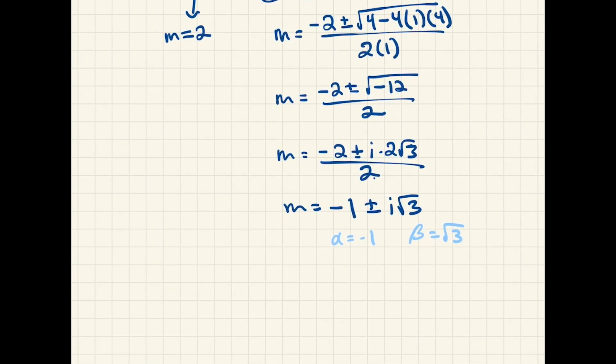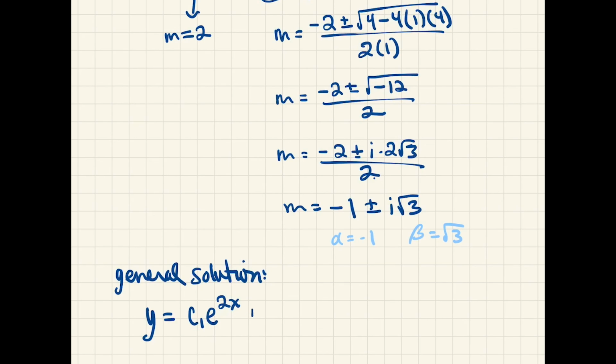We can just write out the general solution. So the first term will be easy. That's c1 e to the 2x. Right, that's the classic case just from that m equals 2. Then the last two terms are going to take on the form of this conjugate pair, meaning cosine and sine.